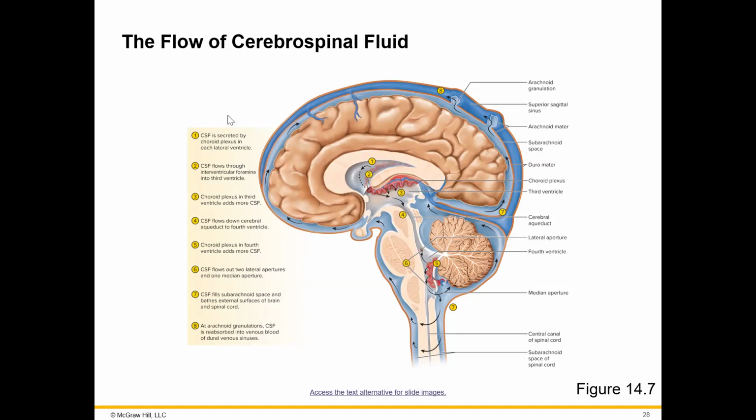The cerebrospinal fluid is secreted by the choroid plexus. This choroid plexus makes the cerebrospinal fluid from what? What do we make the cerebrospinal fluid from? Blood plasma. Excellent.